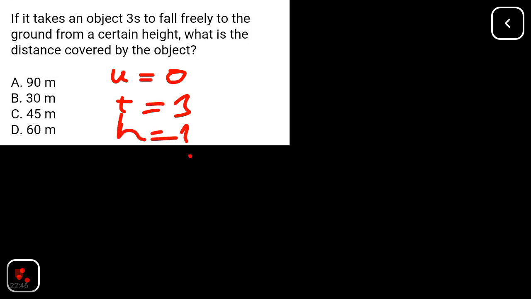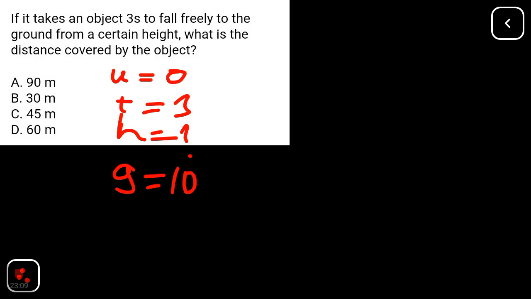When you're talking of free fall, acceleration is always a bonus answer. It's now acceleration due to gravity, which is always 10 meters per second square if you want to approximate. But when you're dealing with higher exams, you need to use 9.8.